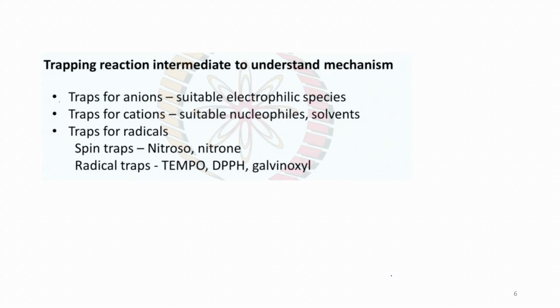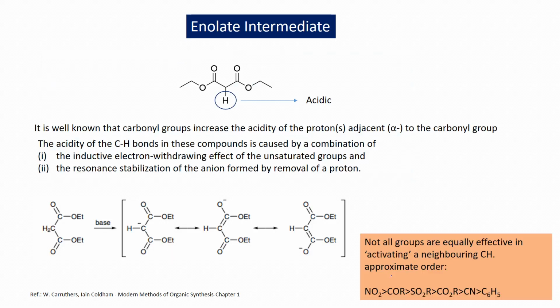You can use some spin trap like nitroso or nitrone. We will discuss that later. I think by example it will be easier to understand. So first we will discuss anion trapping. How can anions be trapped?